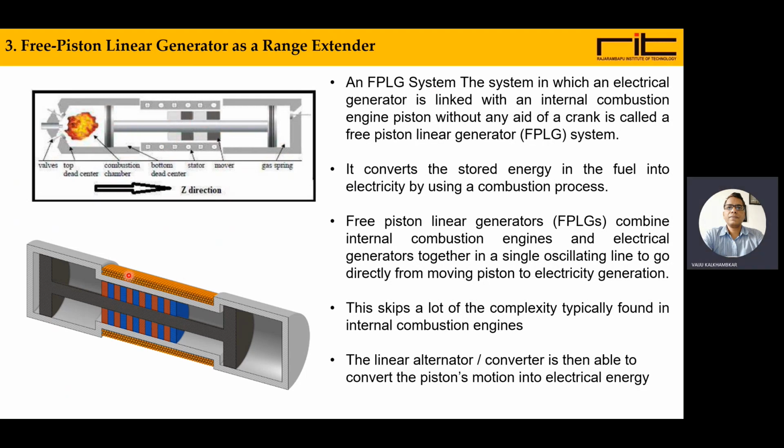Now it is coupled with the alternator, which is linearly moving. So this is the stator winding. This is the moving rotor winding, which is moving into this stator field winding. Because of this, it is cutting the flux, and these conductors are linking it, and the linked flux is also changing, and electricity will be generated, which is collected. So this is the simplest form of generation because of this movement in this cylinder.